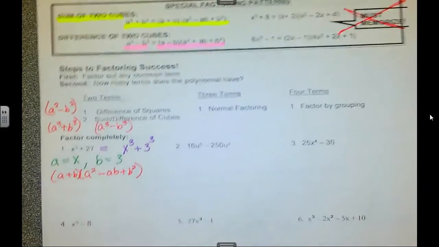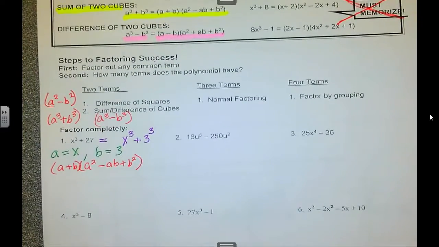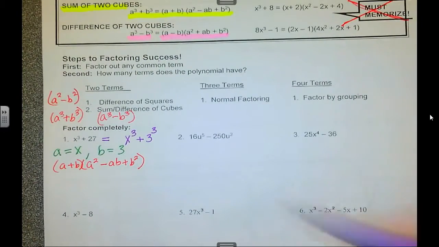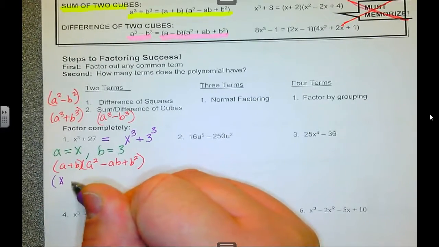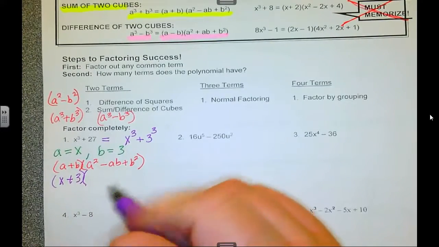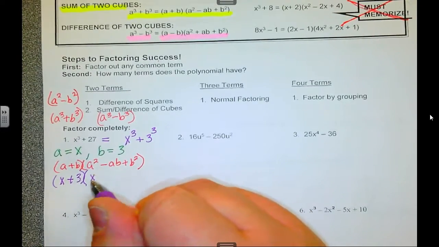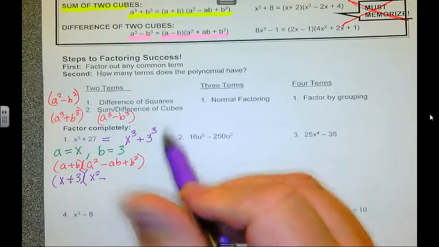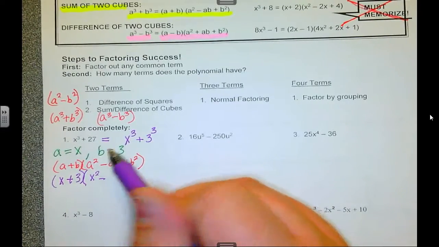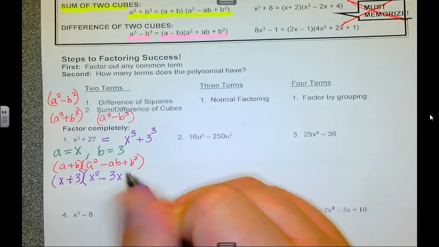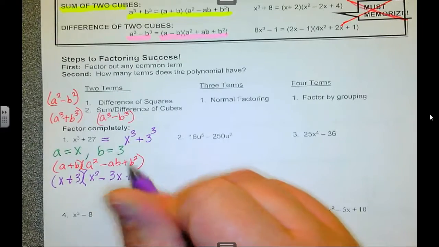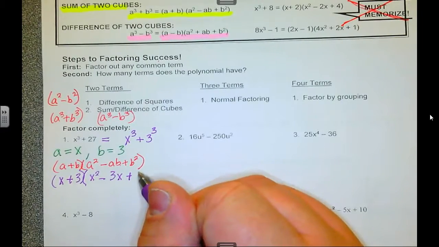So let's plug them in. My A is x, my B is 3, so x plus 3, times x squared minus my A times B. I'm going to put the 3 first. 3x plus my B squared is, what's 3 squared?